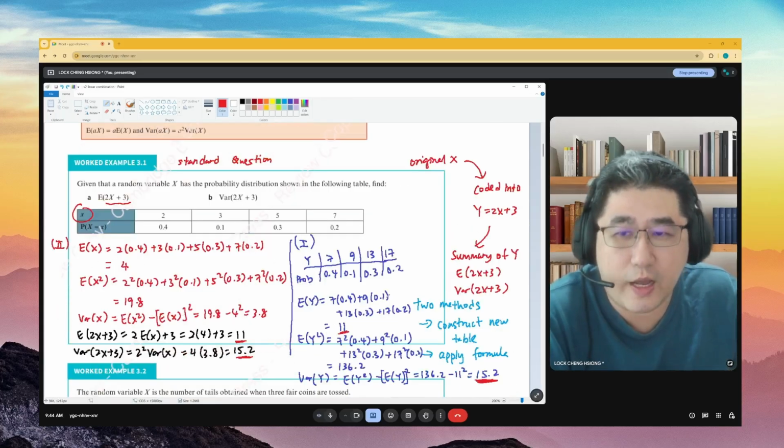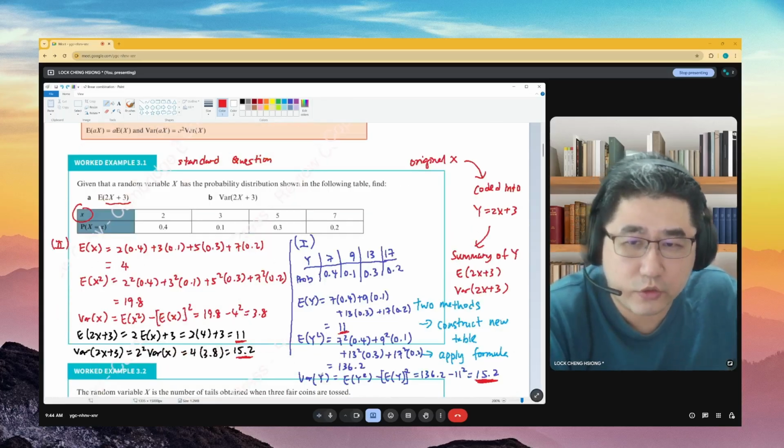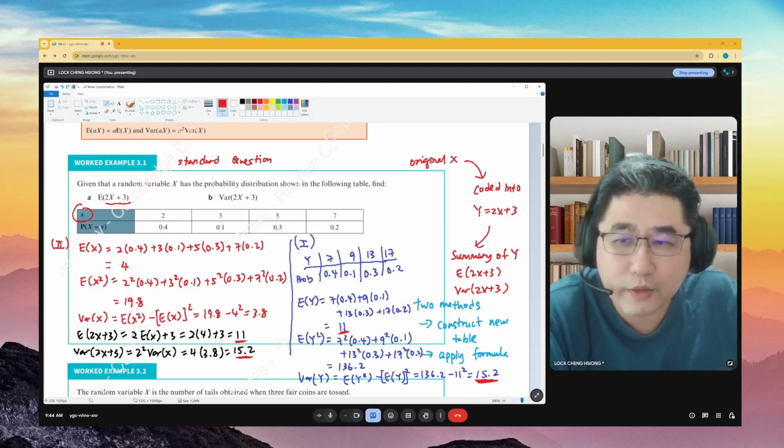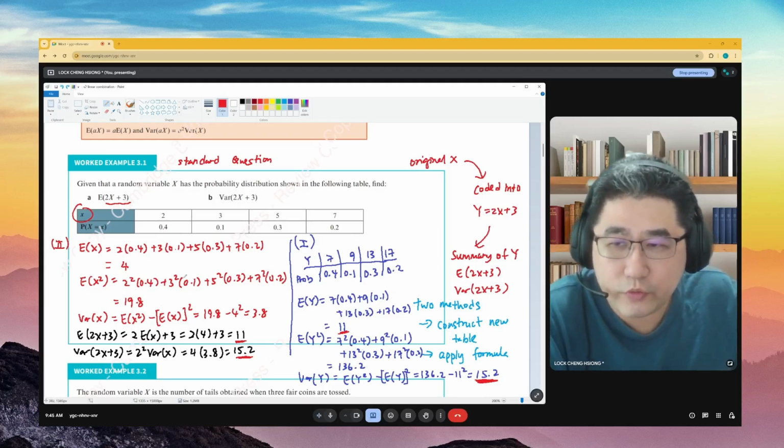But this is how they are being related. Method one, without using the formula, by constructing the new table. And method two, retrieve the information from the X first, and then we apply the formula.